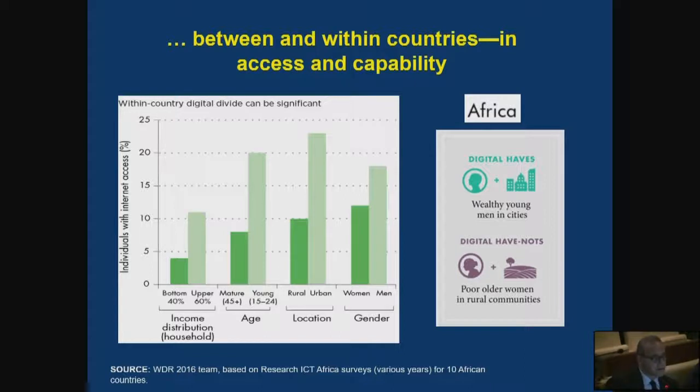For example, the bottom and the upper, the first two columns, show a significant gap in terms of income distribution, but also between mature and young populations. The younger populations had a lot more access. Rural-urban, again, a significant gap. And women and men, as was mentioned before, there is a significant gap.